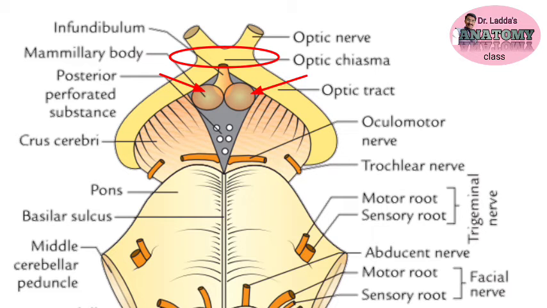The optic nerves from this side and this side cross and form the optic chiasma. So: optic nerve, optic chiasma, mammillary body, and by the side the optic tract. These are the parts.